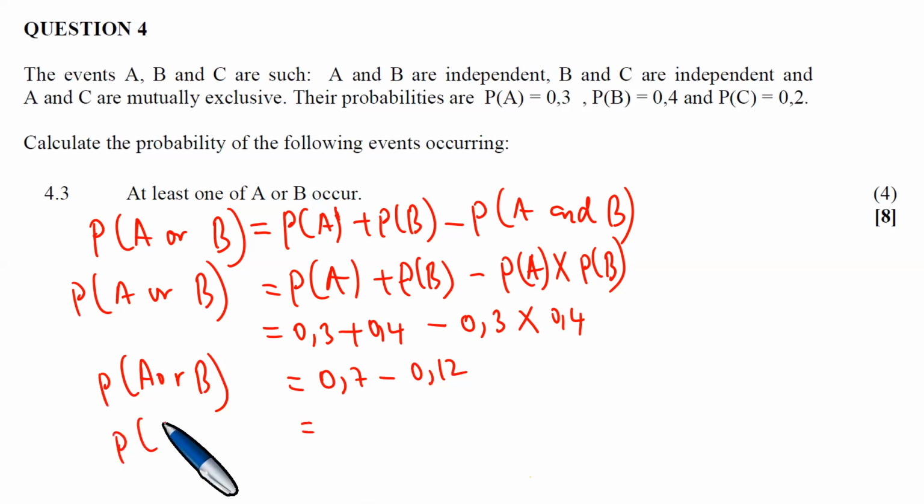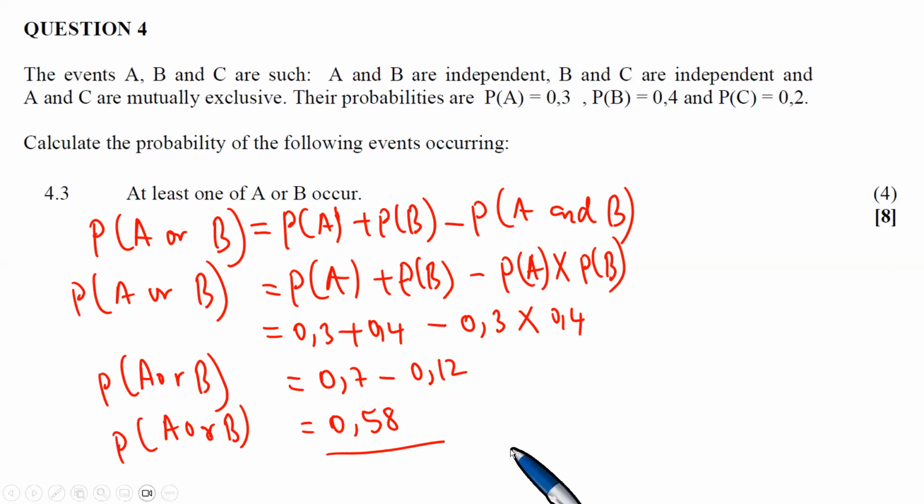So the probability of A or B is the difference of the two, 0.58. So yeah, calculate the probability of the following events occurring, at least one of A or B.